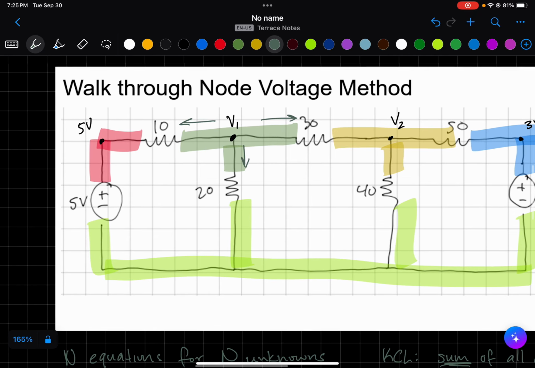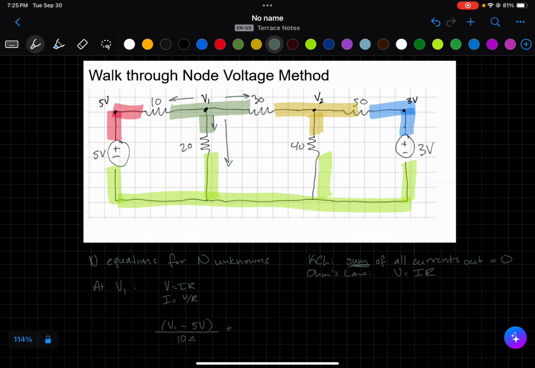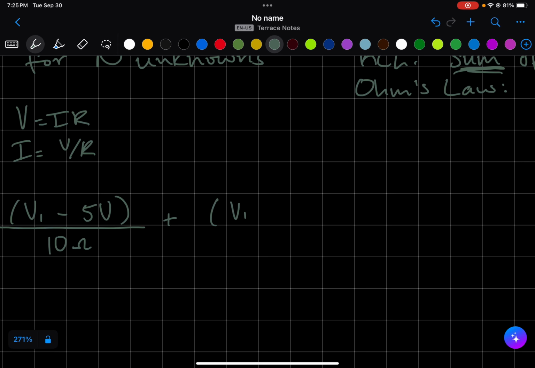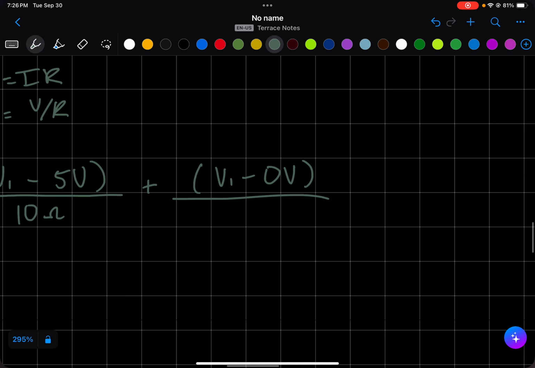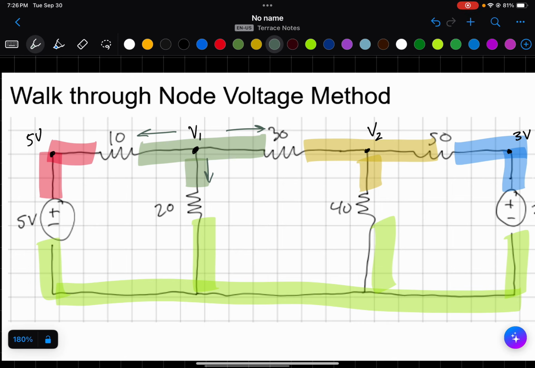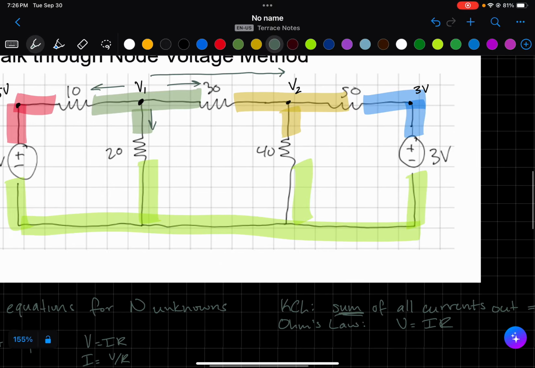Now we look at the next one. It's V1 going to ground node. So it'll be V1 minus 0 volts on the numerator. And then the denominator is 20 ohms. And then our third one, it's V1 going across the 30 ohm resistor onto node V2.